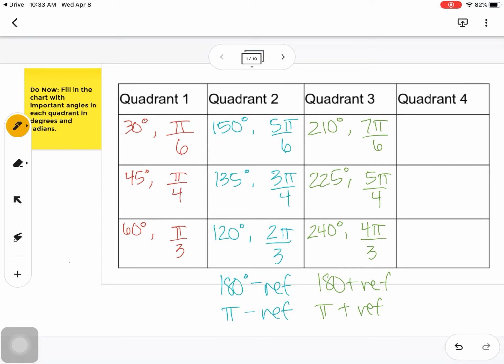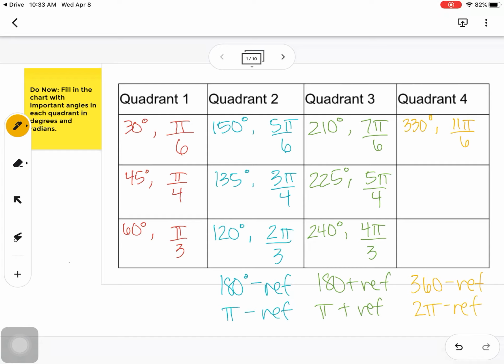For quadrant 4, you do 360 minus your reference, or 2 pi minus that reference to get this angle. So 360 minus 30 is 330 degrees. When you do 2 pi, or 12 pi over 6, minus pi over 6, you get 11 pi over 6.